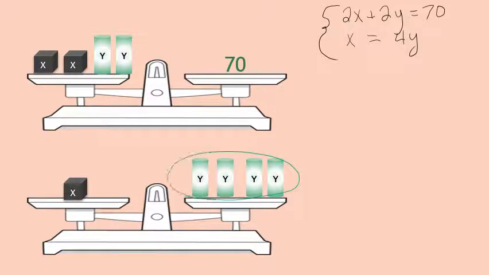Knowing that these 4 y's can replace or be substituted in for each x, the picture says this. Algebraically, I start with that first equation, 2x plus 2y equals 70, but I'm going to go back and replace each x with 4y.